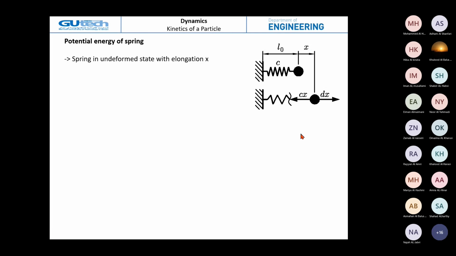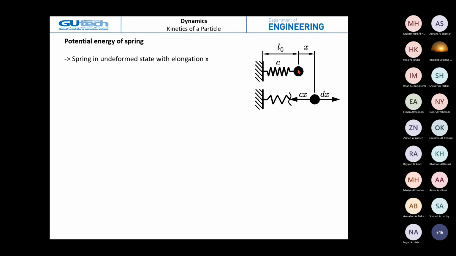Now, if we take this example here, the potential energy of a spring. Now we take the spring in the undeformed state with elongation x, that means here there is the elongation x. The initial state is L0.